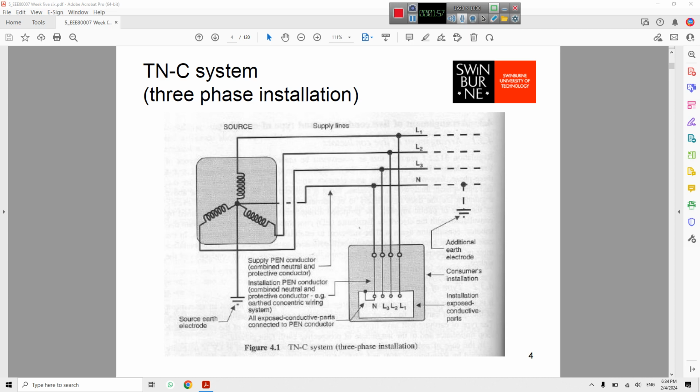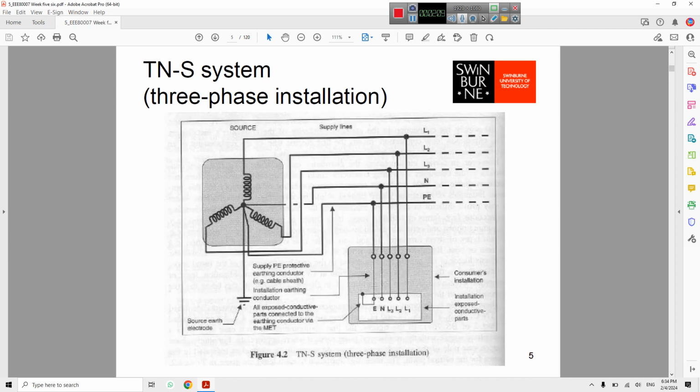So TNC is the worst system in the case of safety. Then TNS is the safest system we have, providing 3 lines, neutral and PE for customers.